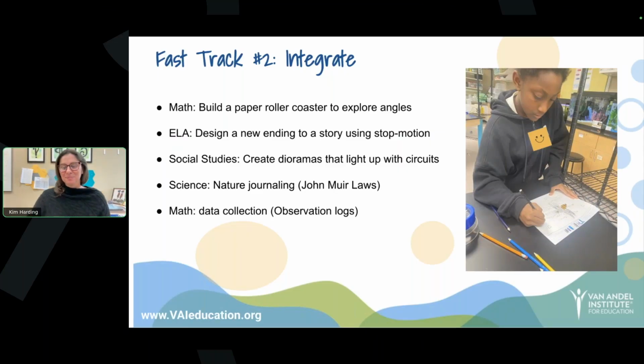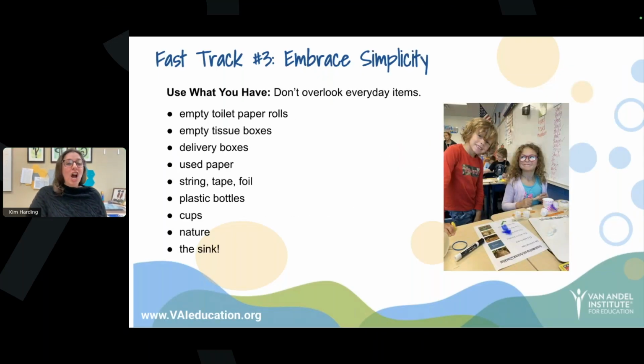All right. Our third fast track today is embrace simplicity, right? So teaching is complex, our days are complex, our days are so full, and to be able to approach something in a way that is going to seem doable is refreshing. So this one related to creativity is just using what you have.